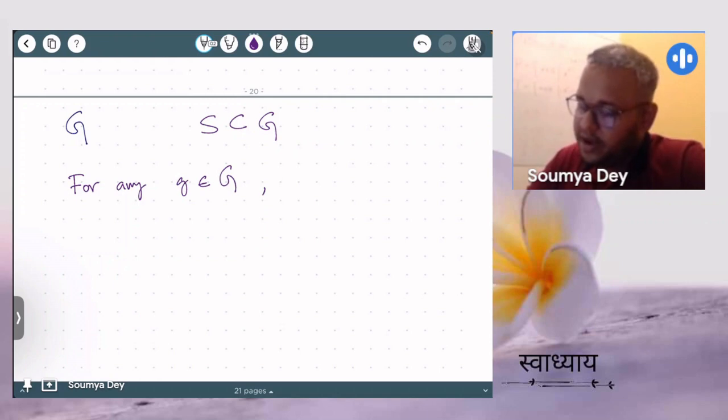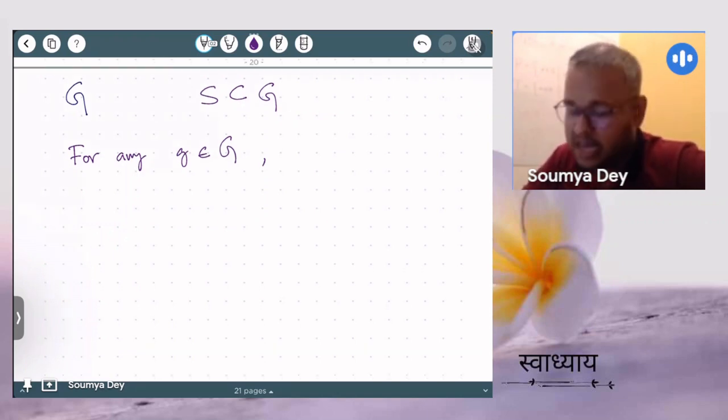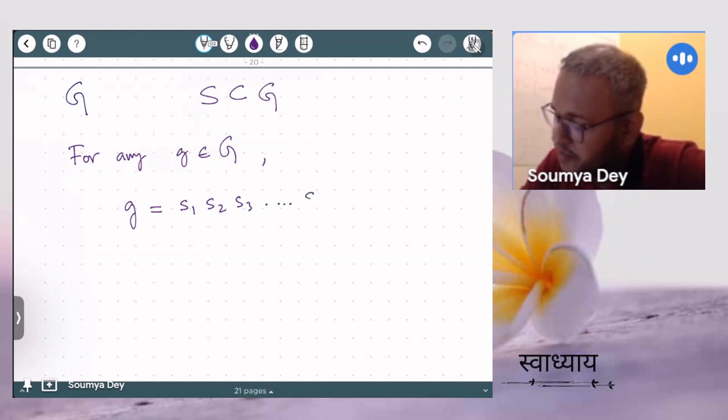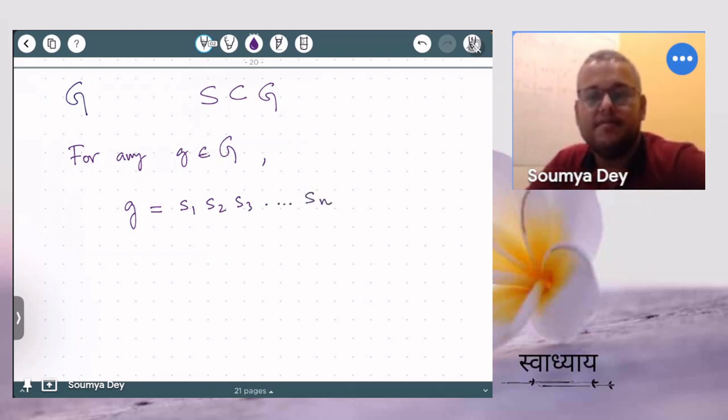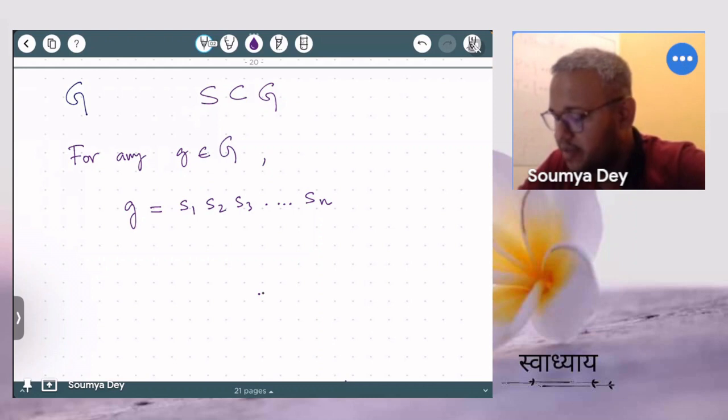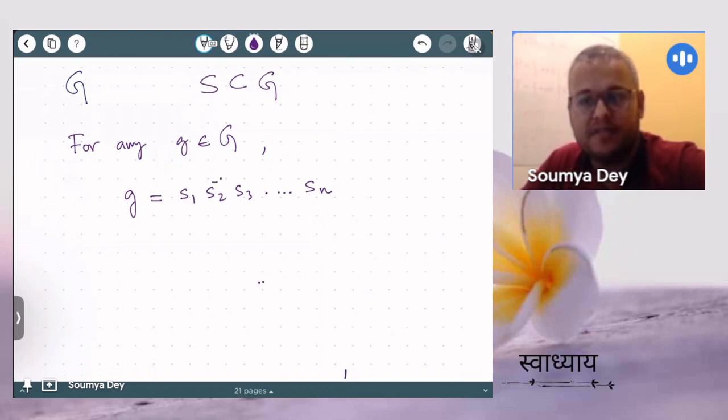you can write this g as a product of elements from S. So you can write this as some S1, S2, S3 up to say Sn. In fact, I can allow the power to be either +1 or -1, so some of these can be inverses also. For example, instead of S2, I can have S2 inverse.